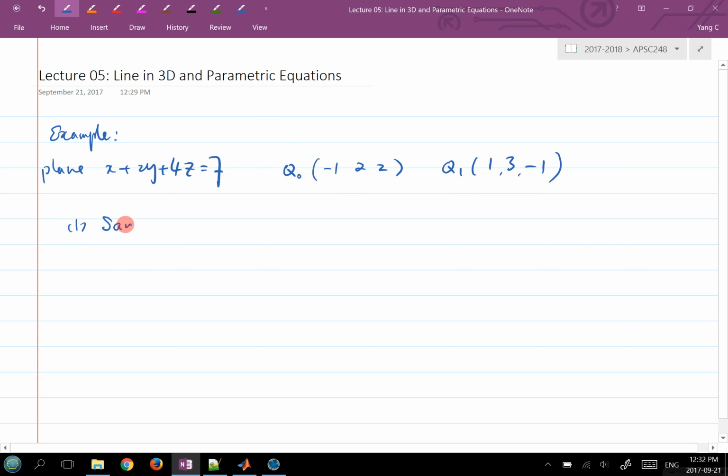For example, are the two points on the same side of the plane, or are they on opposite sides of the plane? Or maybe even one point is on the plane. That type of thing.